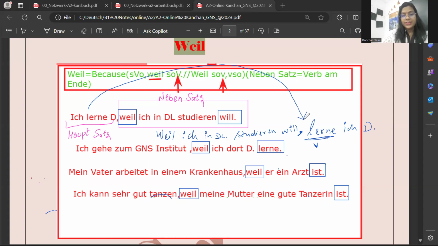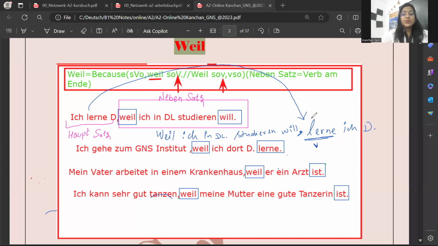Then Sia, you can try. Weil meine Mutter eine gute Tänzerin ist, kann ich sehr gut tanzen. Perfect. Any doubt? Please ask. Is there any doubt? No.